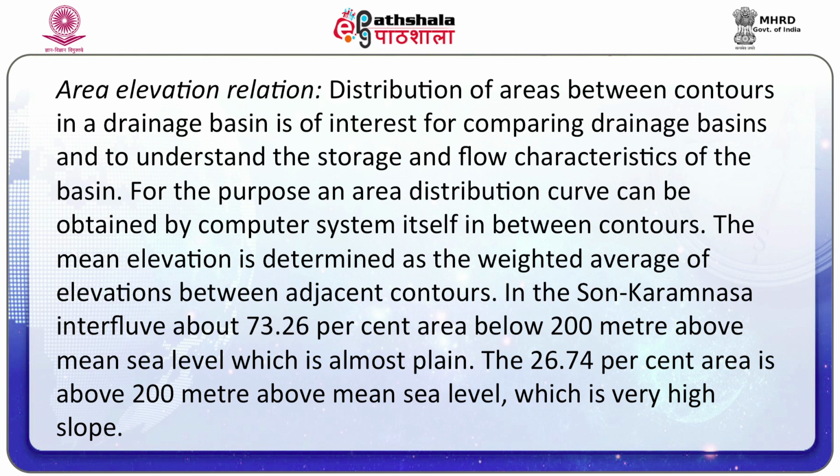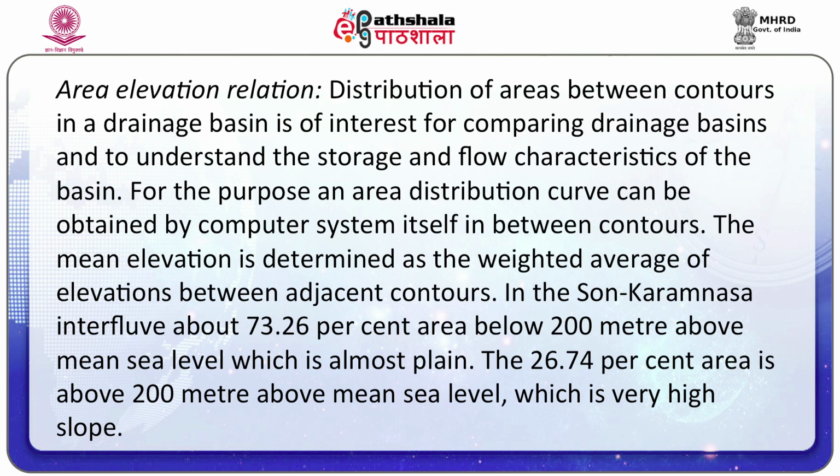Distribution of area between contours in a drainage basin is of interest for comparing drainage basins and to understand the storage and flow characteristics of the basin. For the purpose, an area distribution curve can be obtained by the computer system itself between contours. The mean elevation is determined as a weighted average of elevation between adjacent contours.